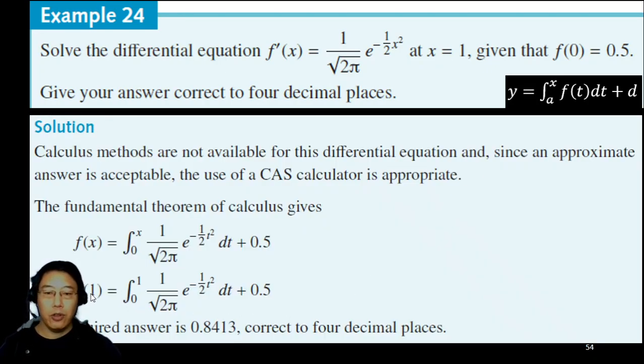So your function, which is what you want to find out for x equals 1, is the integral from 0 to 1 plus the 0.5 of that function in terms of t. So just be careful you express the same variable inside your integral, and you get your answer that you round off.